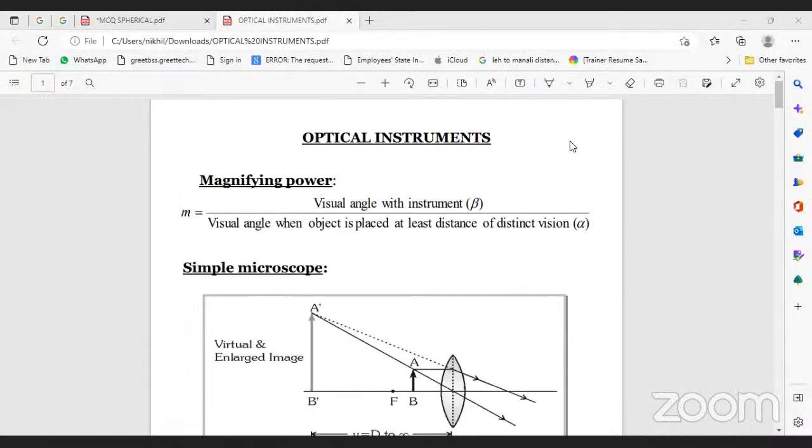You can see the screen sharing of optical instruments. Yes, sir. Okay. Now this is the last part of refraction, Ajay.